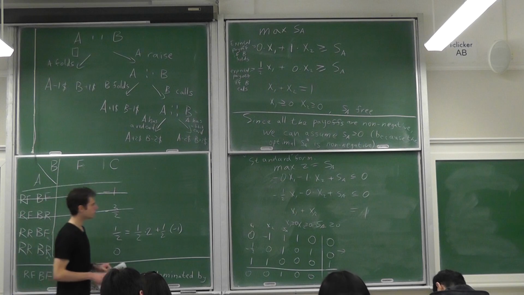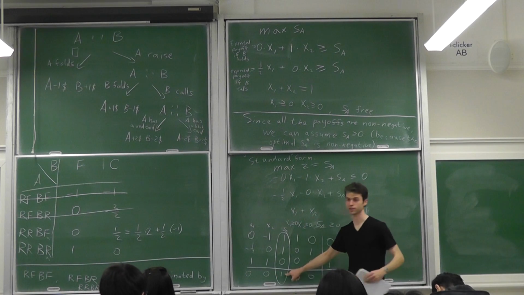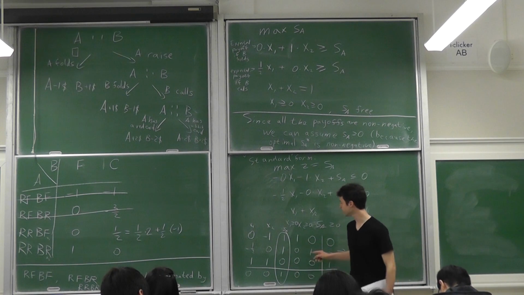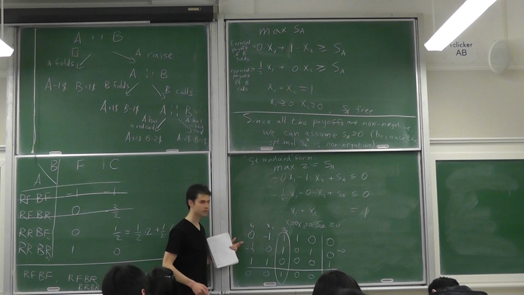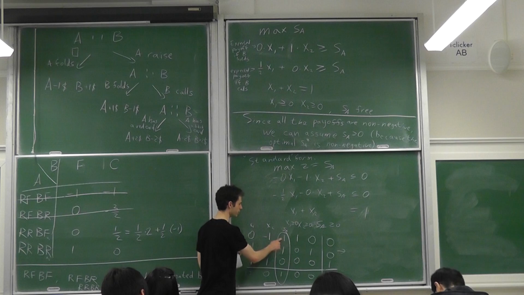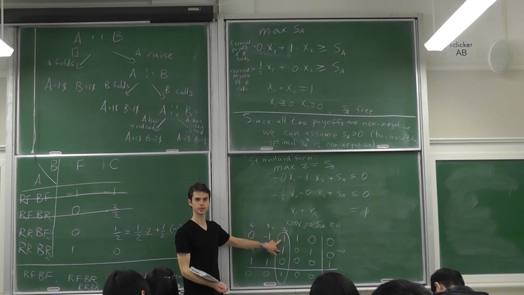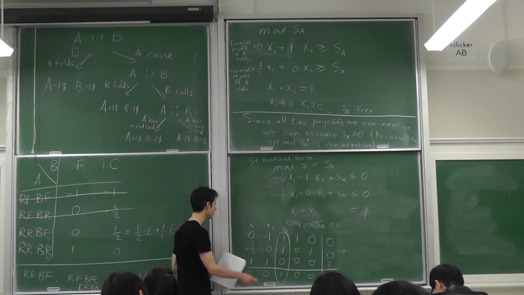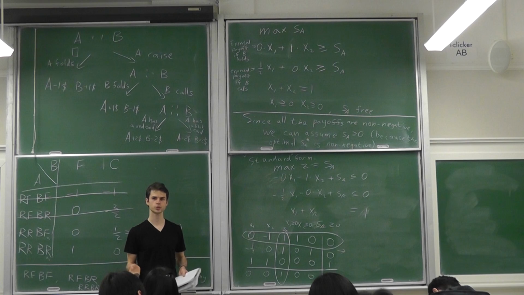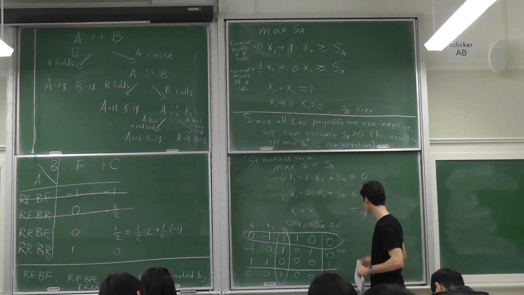Okay, so let's solve this quickly. I see that I can increase z by increasing this variable, and then I see that my first iteration has to be degenerate because here I have ones and here I have zeros. So both of these tell me that you can increase only up to 0. I'll choose, let's say, the first one. It doesn't really matter which one. I'll make this 0, 0, 0.